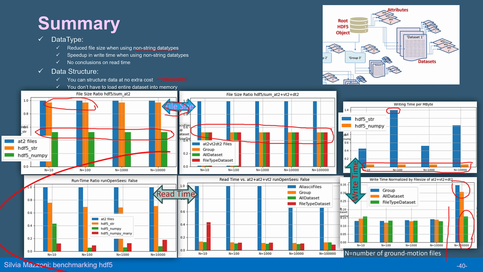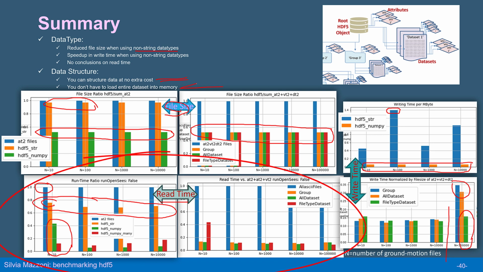Then if we look at read time, read time is definitely faster when we're dealing with NumPy arrays than if we're dealing with strings versus dealing with ASCII files. You do have a significant improvement because it's already formatted if you put the data into your HDF5 file. So even if you have string data, you definitely have an improvement, mainly because we've already processed it.